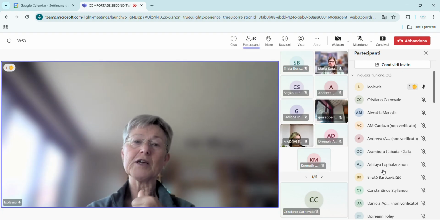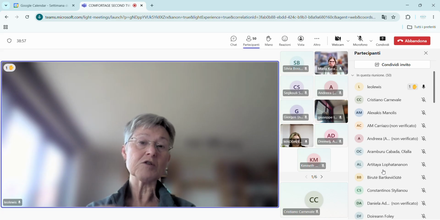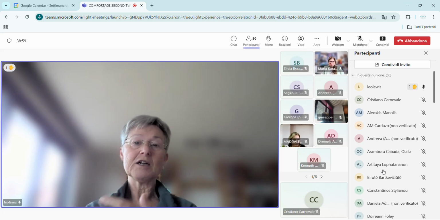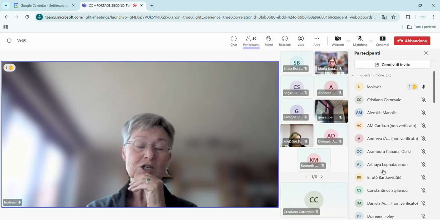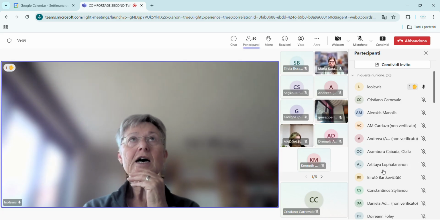For example, maintaining engagement with the users, particularly a group of older people that are frail and have dementia, is challenging, and that is completely understandable.